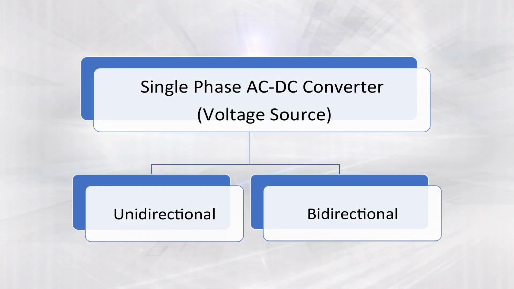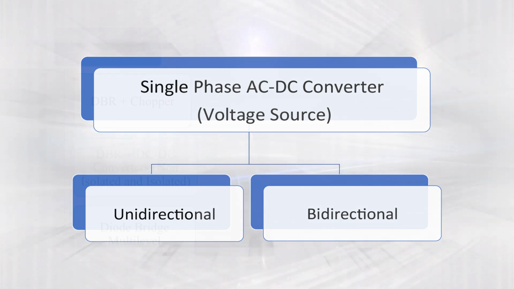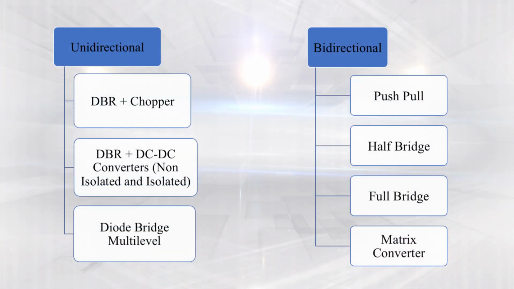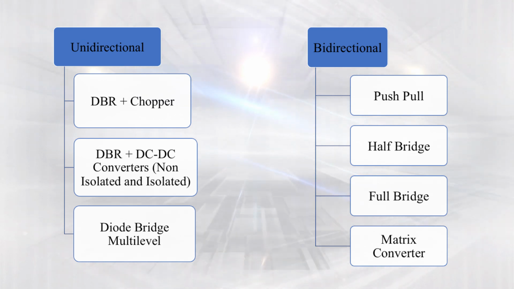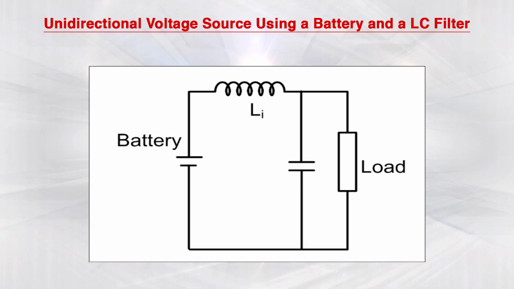So, first we will see the single phase classification. Here we have various types; first we will see the unidirectional topologies with single phase supply. Here we have the battery, and an LC filter will be required to filter out the harmonics. Here is the first topology, the unidirectional single switch buck converter. After this AC supply we have a diode bridge rectifier and one LC filter is connected.